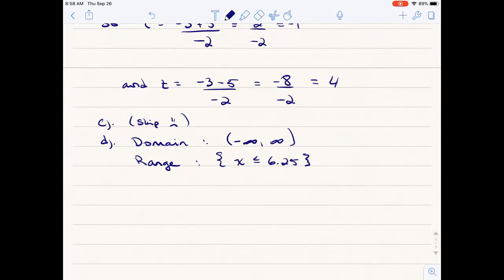Sorry, f of x, h of t, sorry, just the range. I was dealing with a domain. Oopsies. H of t. Right. The output is going to be less than or equal to 6.25.